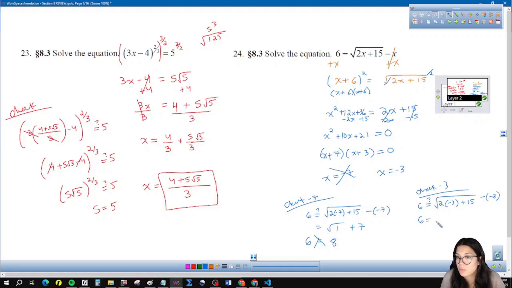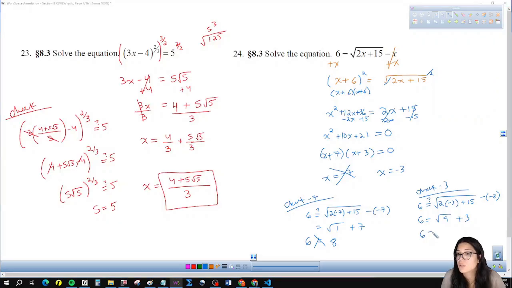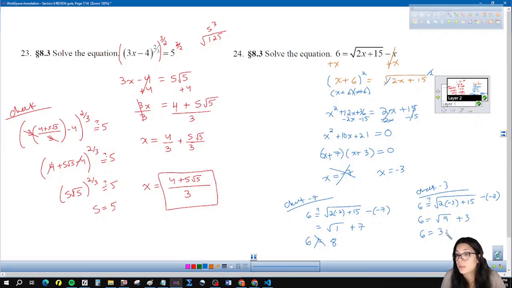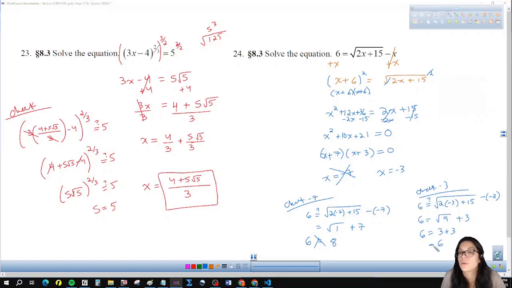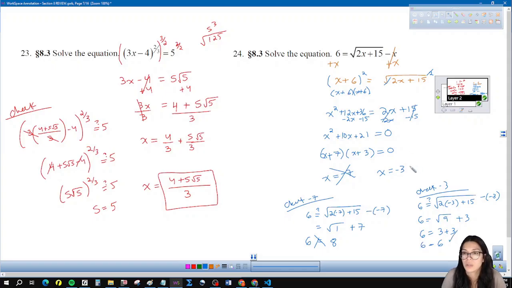So we have 6 equals, and then this would be negative 6 plus 15 is 9. And the negative 3 would be positive 3. And then the square root of 9 is 3. 3 plus 3 is, of course, 6. So this is a valid solution. So my solution here is negative 3.